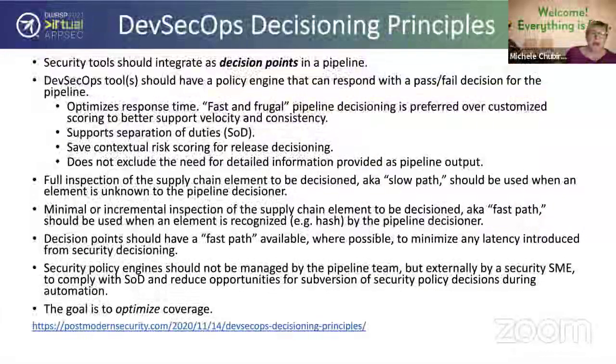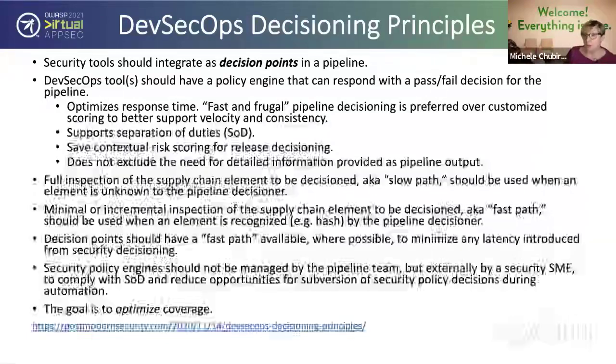I'm not going to go into too much detail on this because of time, but I have a set of DevSecOps decisioning principles that I use. I think the problem that you get into with DevSecOps is that people confuse information with a decision, and the information isn't all that useful unless you're making a decision, i.e. breaking a build or diverting a build, right?